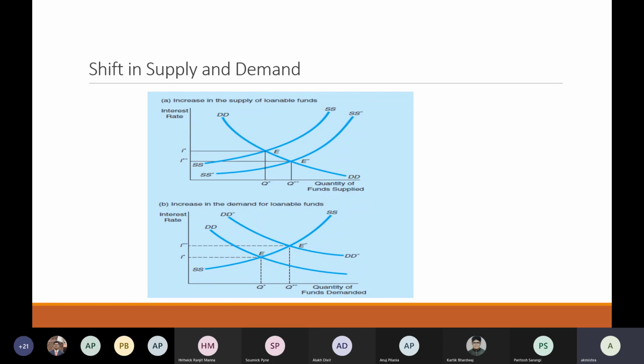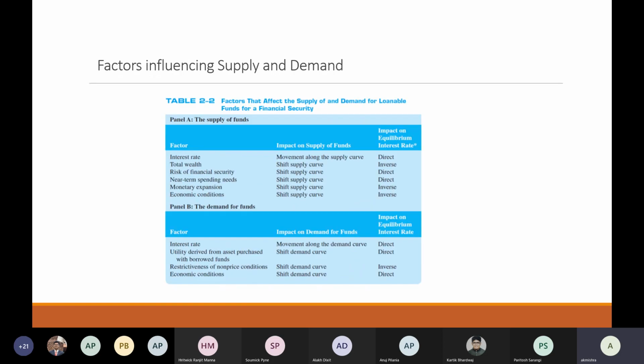Right, so we are moving forward now. We have understood this theory. So what are the determinants or factors that impact the supply and demand schedule, or supply and demand function?